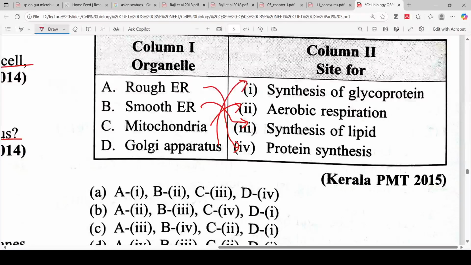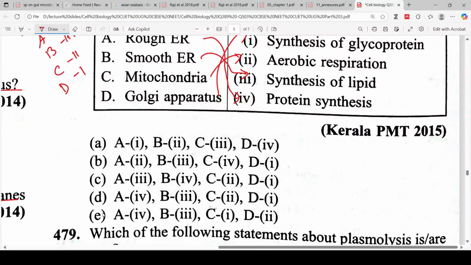So if you match A with 4, B with 3, C with 2 and D with 1, the D option will be the correct answer.